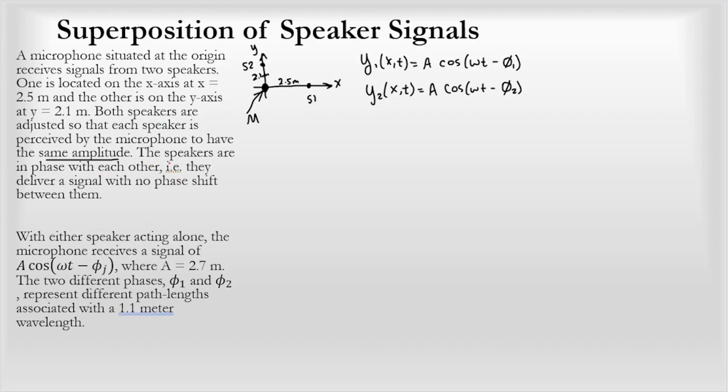It says when they're delivered, they deliver a sound with no phase shift. So you might be thinking that these phi 1s and phi 2s might be 0 because they're in phase with each other. That's true when they leave the speaker. When they arrive at that microphone, they are not in phase with each other anymore.